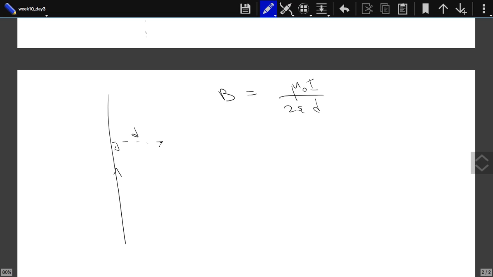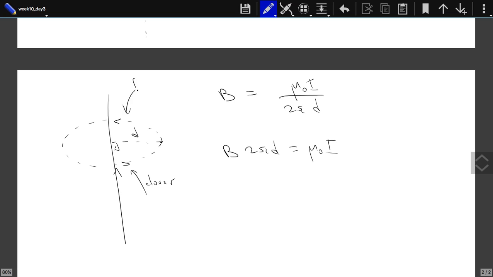So if you imagine such a loop, B times the circumference of the loop is equal to mu0 times I. You see, on this loop, B has a constant magnitude. It is always pointing in this direction. This side of the loop is closer to you.